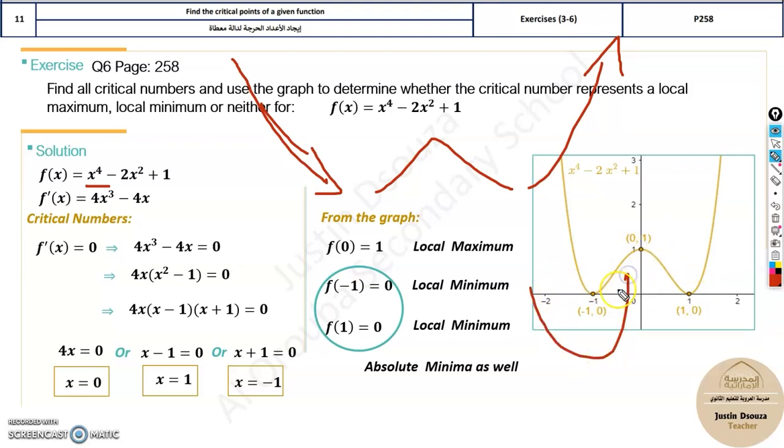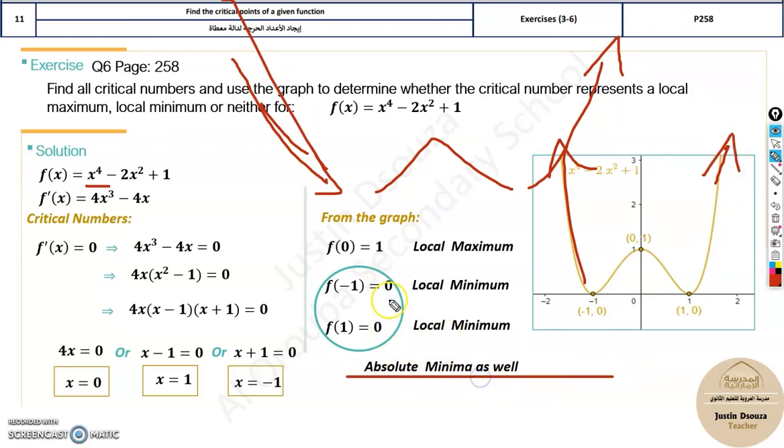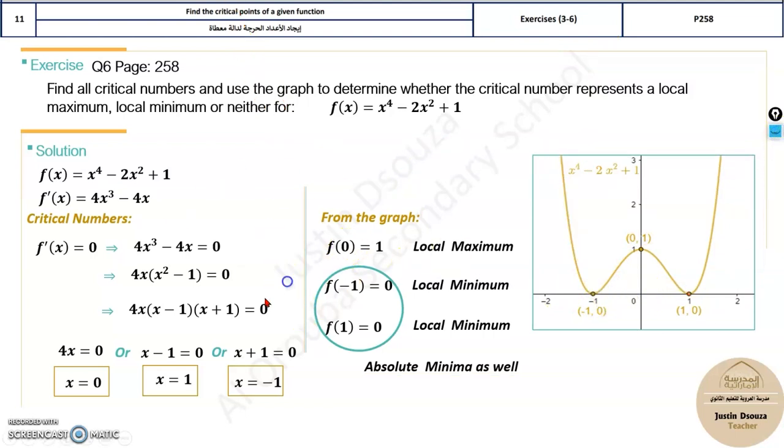It's similar to a parabola. Now it's opening upwards, because the leading term is plus. That means it can only have a minimum. And those minimum points are absolute minimum because there is nothing below them. The point at 0 will be the local maximum, but these two will be the absolute minimum. So this is how we can solve this problem.